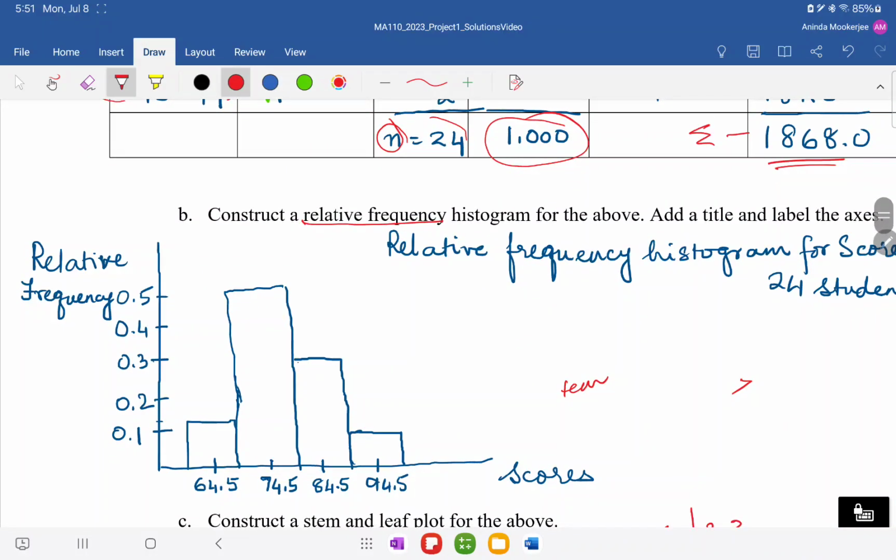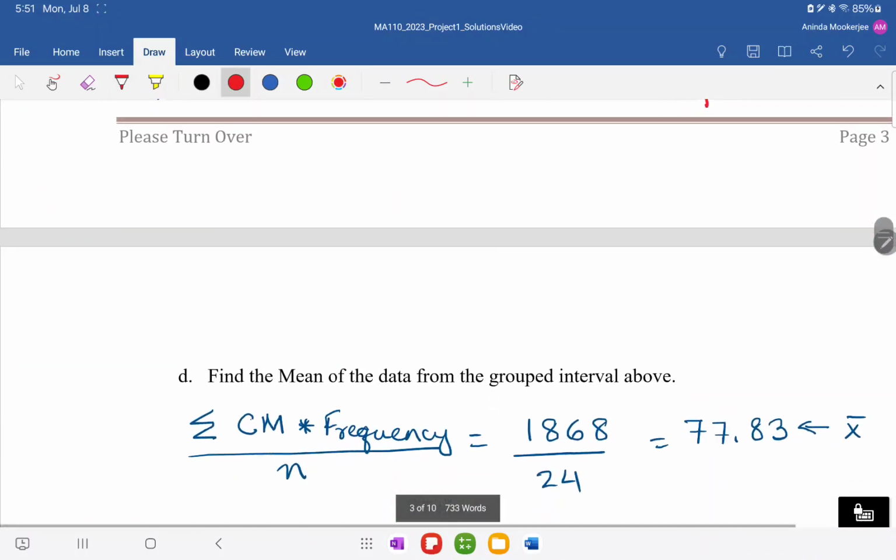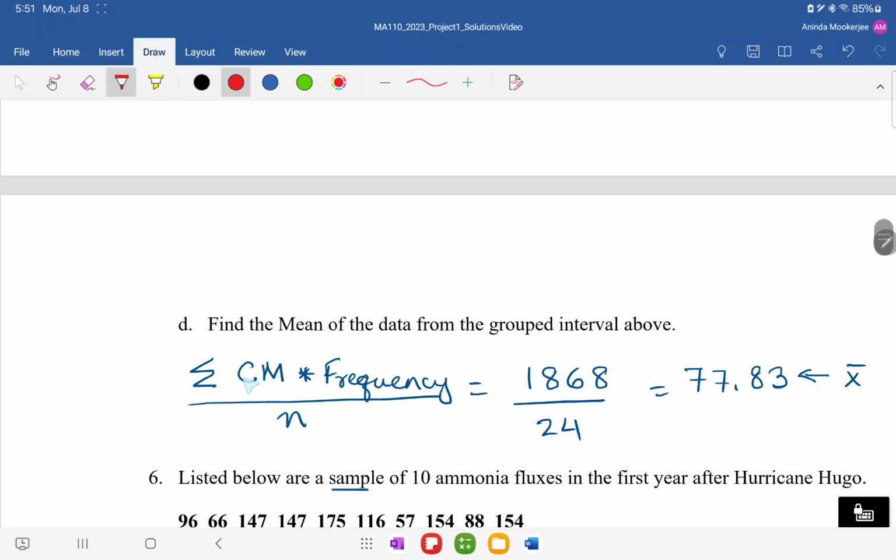Just bring that value, 1868.0. That's the way you find the mean. It's sigma CM times frequency divided by n, so 1868 divided by 24, which comes up to a value of 77.83, and that's the sample mean for that particular data set.